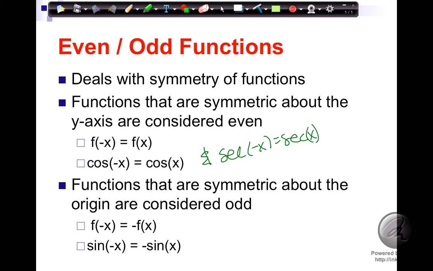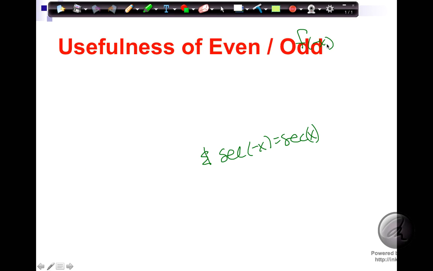This actually could come in handy for graphing. In past years, I've given a very hard graphing question where we actually reflected a function over the y-axis. If you recall, f of negative x is a reflection over the y-axis. It changes all of my x's to negative or positive.